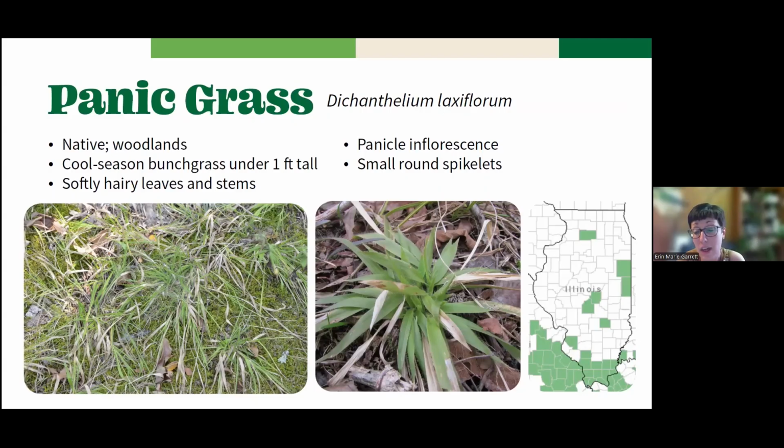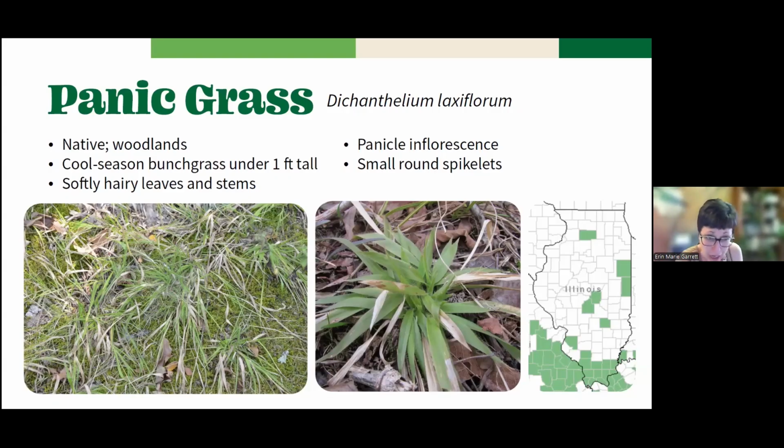So some of the less common grasses, although I see this one all the time, again, it's where I'm located in far southern Illinois, just like the Bosc's panic grass is Dicanthelium boscii. It got that Bosc title. There's so many of them that not all of them have a specific different common name. So this one is a panic grass. I would refer to it by its Latin name, Dicanthelium laxiflorum.